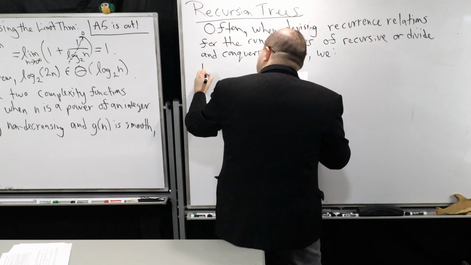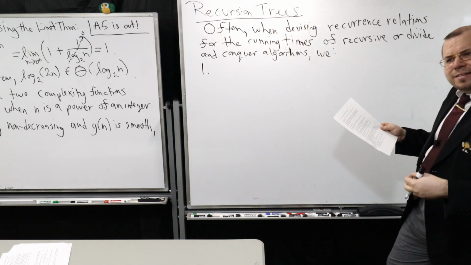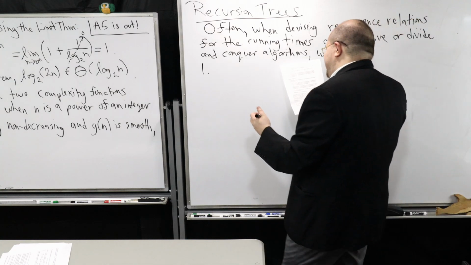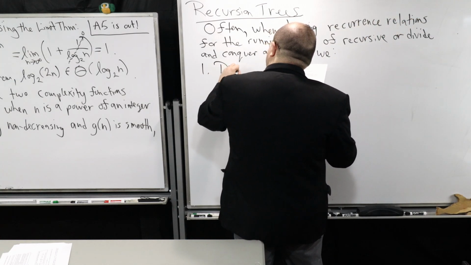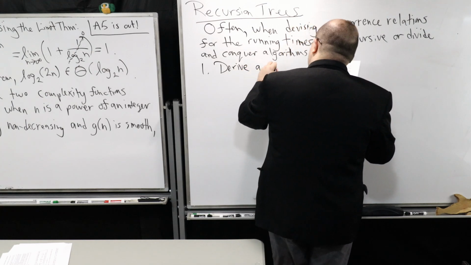First, I'm just going to give the abridged version of these. I have much more complicated explanations in the notes. First thing we did, and this is just what I said a moment ago, we derive a recurrence relation.